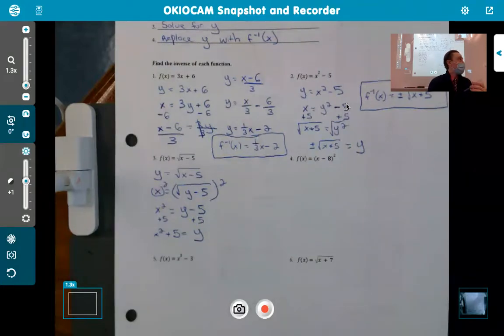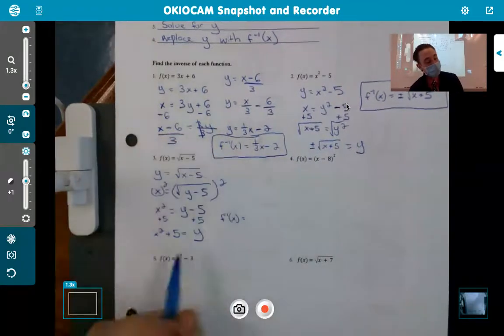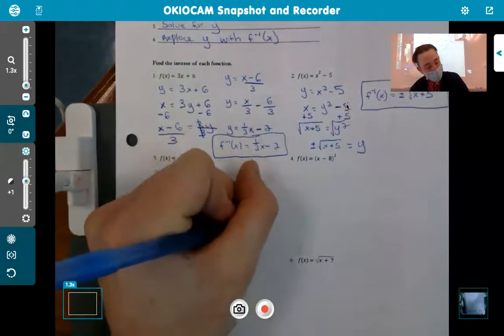I'll give you a second to jot that down. And as you're doing it, does anybody have any questions about how we got to that point? Okay. Last thing I do is just replace the y with f inverse. So I have f inverse of x equals x squared plus 5.